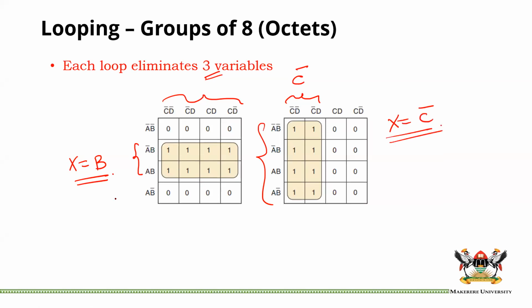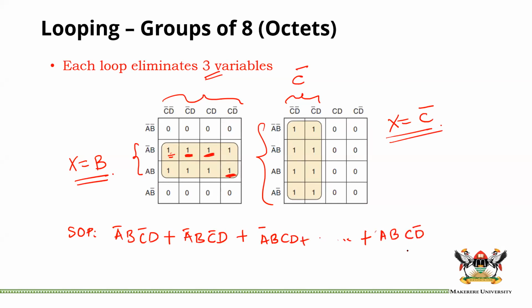Now, if we were doing our Boolean algebra, we would have had to get our sum of products, which would be this one, which is A inverse, B, C inverse, D inverse. We add that one, which is A inverse B, C inverse D. We add this, which is A inverse B, C, D, and so on until we end up adding that one, C inverse, C, D inverse.